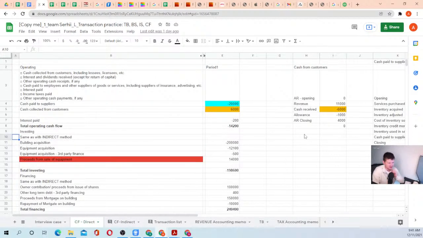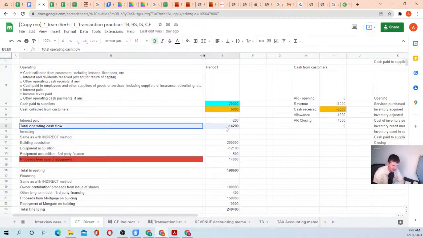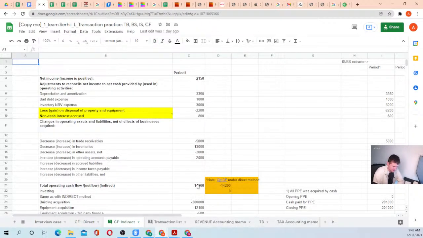And the second reason why no one likes direct cash flow method: when you calculated your direct cash flow and got your operating cash flow number, you are also required to reconcile that operating cash flow number back to net income.